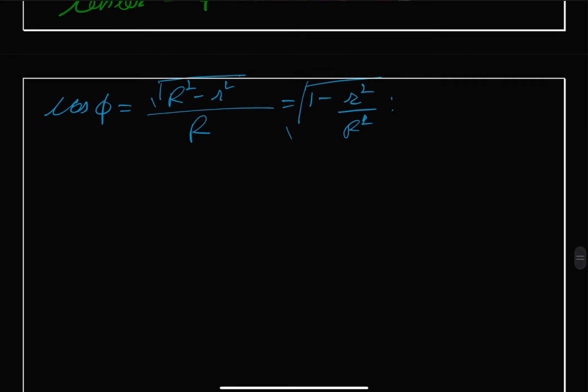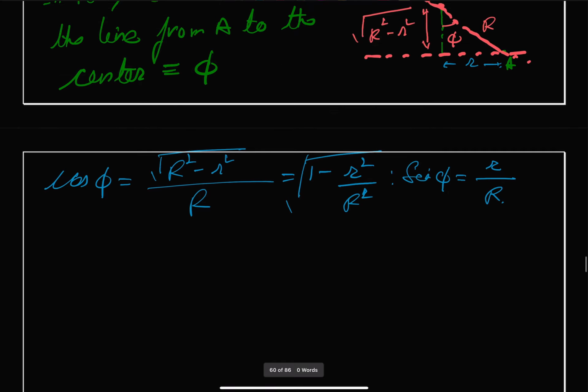So from here we can say our sine of phi will be equal to small r upon capital R. And as the sphere is going to try to rotate, the component of gravity along the plank, that is our mg sine theta, will try to produce the torque about A.